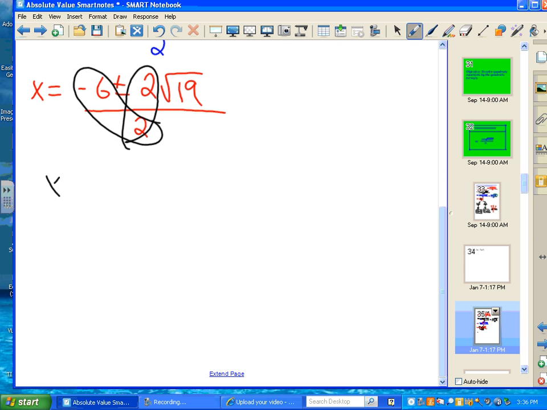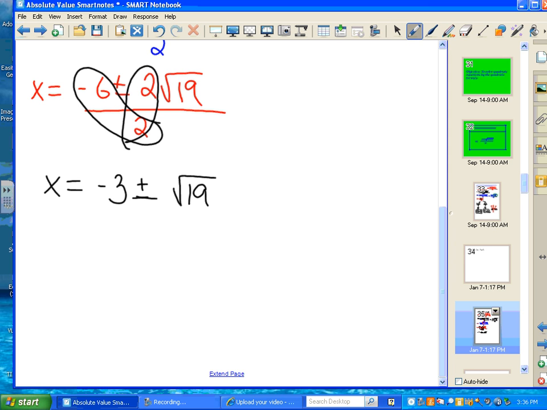So you can put a 1 here and then rewrite the square root of 19. Or you can just put it as negative 3 plus or minus square root of 19. It means the exact same thing. So whether you have the 1 there or not is up to you. Remember, all we did was take negative 6 divided by 2. We got negative 3. This 2 divided by 2, and we got 1.